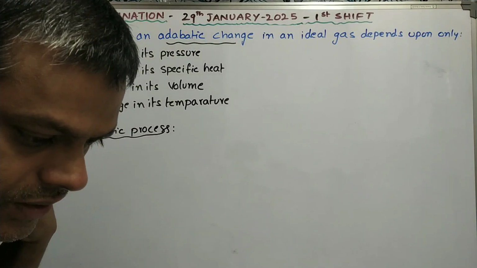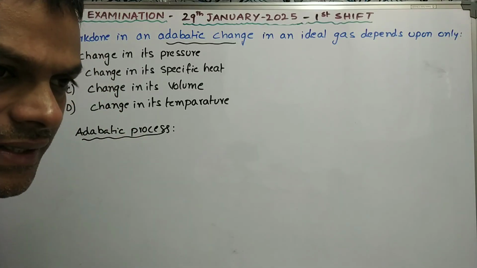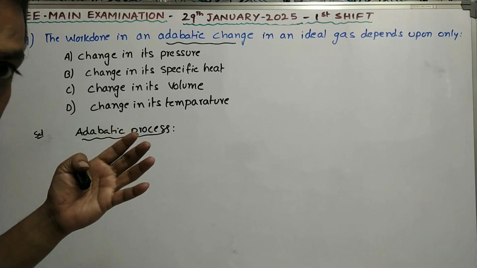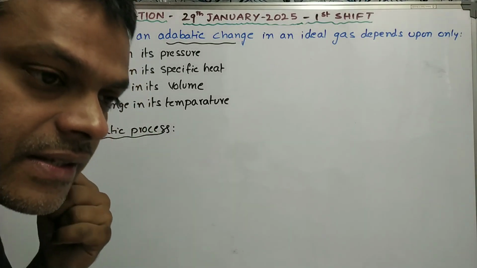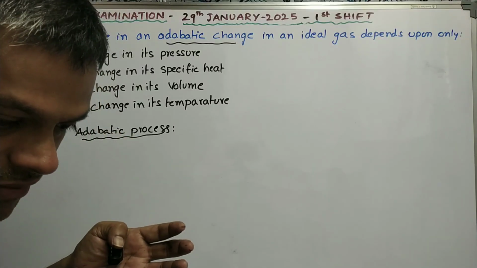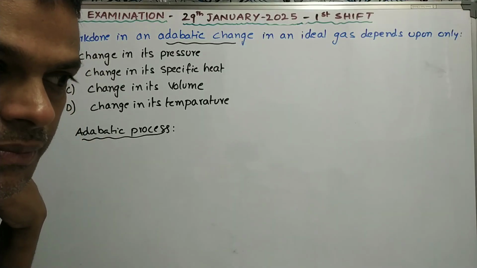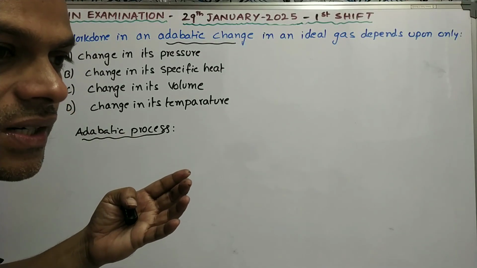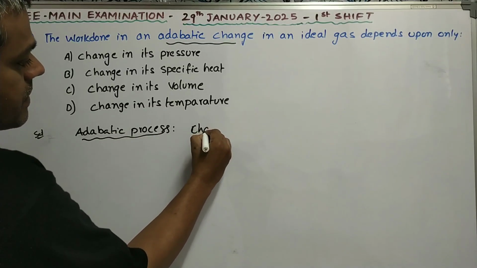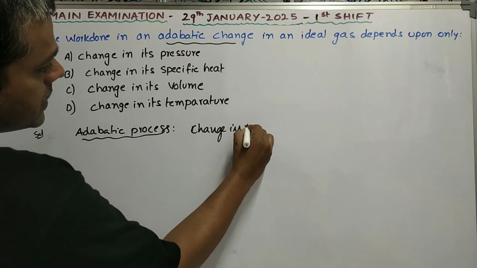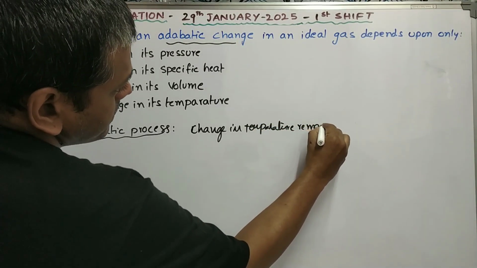A physical change in such a way that heat is neither allowed to enter the system from the surroundings, nor allowed to leave the system to its surroundings. That means, in an adiabatic process, the change in temperature remains the same.